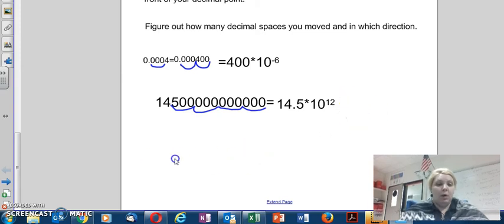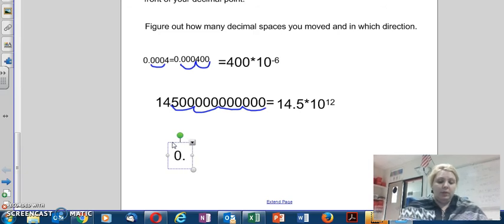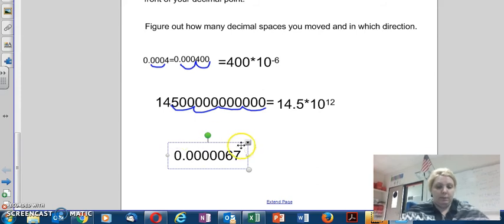So let me do one more example. Here's one: 0.000067. Okay. So let's do this. I go 1, 2, 3. I still don't have a non-zero number. I go 1, 2, 3 more, and now I have a 1-digit number in front of my decimal point, so I can do this.